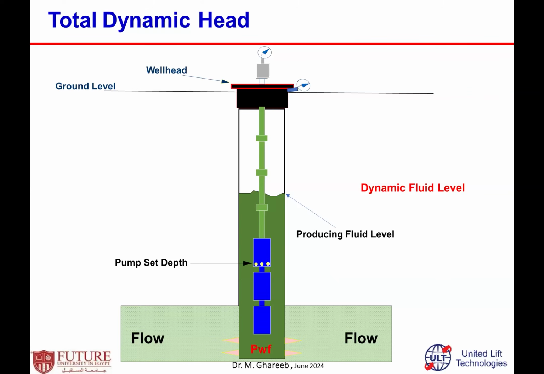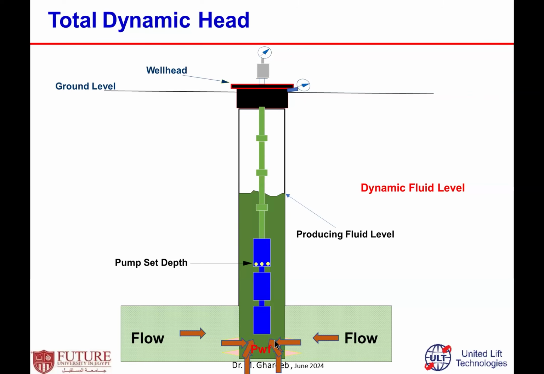What are the main components of the total dynamic head this pump should overcome? This is just a schematic of a producing well. It starts with flow. If you decrease the bottom hole pressure, flow will come from the formation to the bottom of the well at a pressure equivalent, according to the well productivity, to the bottom hole flowing pressure.